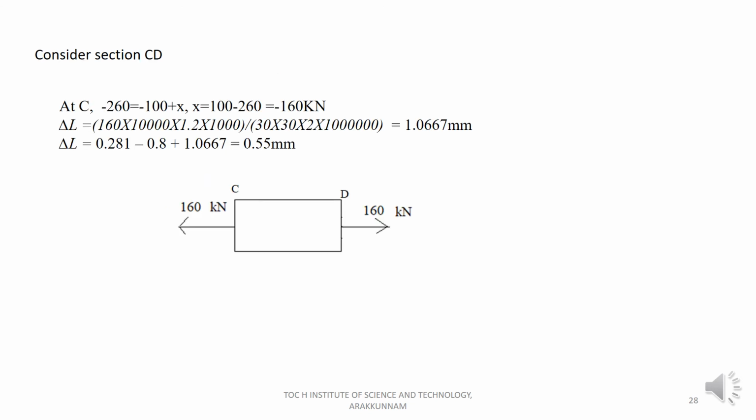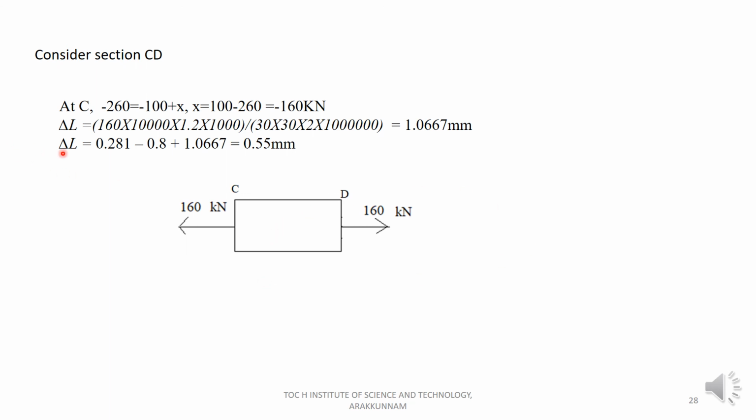Next section, which is CD. At C there was a total load of minus 260, that is towards left side. So we have to consider minus 260 is equal to minus 100 plus X, that is X is equal to minus 160. That means a 160 load acting towards left side is marked at C. The similar load value, 160, should be marked at the right side, which is tensile in nature.